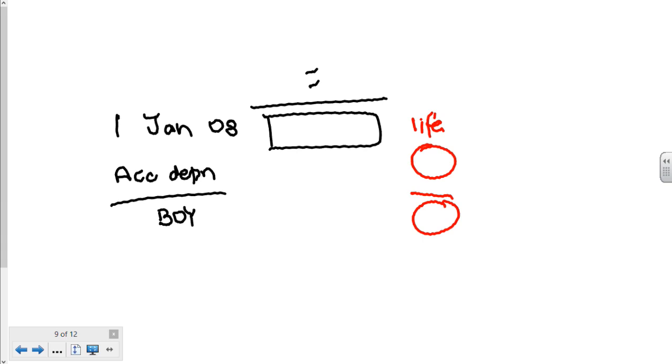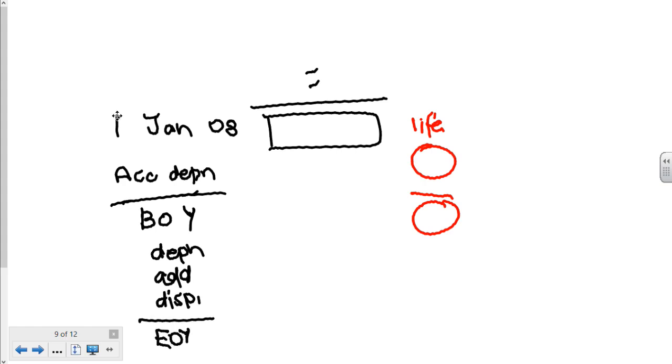And then you're going to have, for the current year, depreciation. You might have additions or disposals or derecognitions or new recognitions, and then you're going to land up on end of year. Yeah, that's your calc.